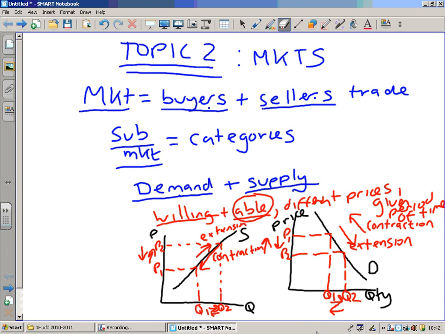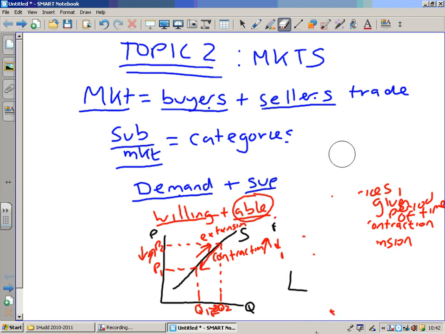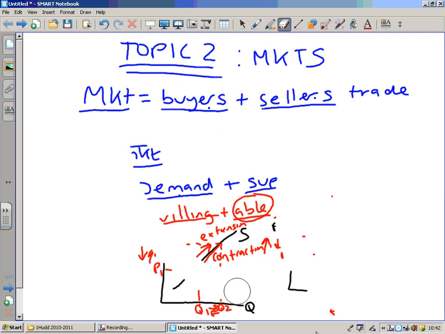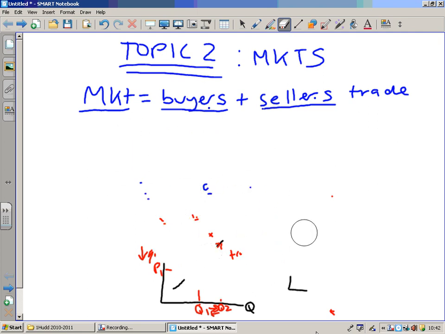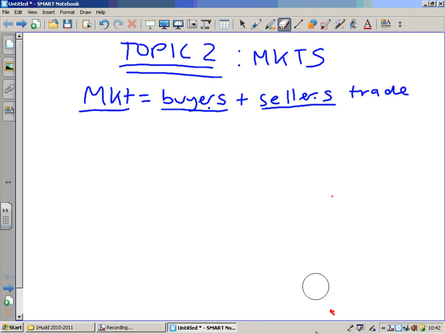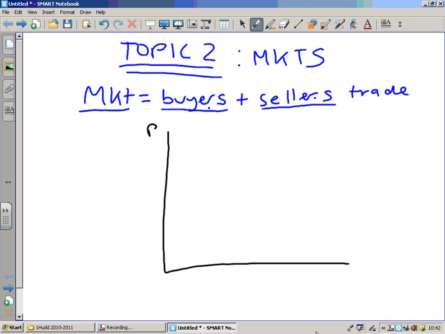What I'm going to do now is to rub off all this from the board so we can look at a market equilibrium diagram. I'll leave the definition of what a market is on the board because that will be useful for what we're about to try and draw. So again, we're going to draw our axes, big this time.